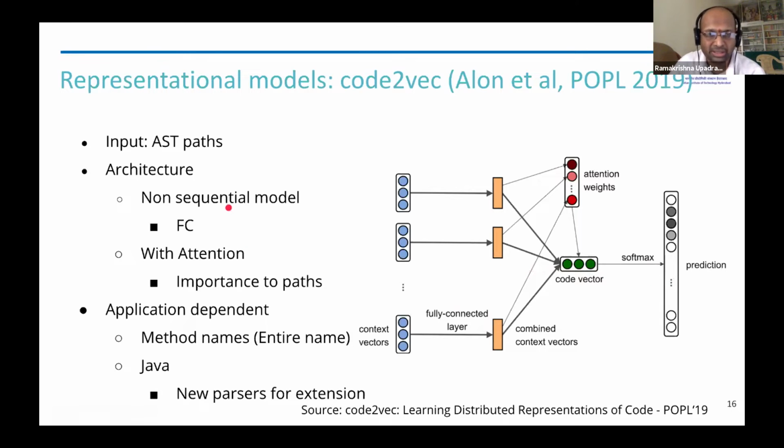So as you can see, a fully connected layer is used. It's a non-sequential model, obviously. Then attention weights are used, and there is certain importance given to paths. By the way, this encoding is an application-dependent encoding, and the vectors don't seem to generalize.